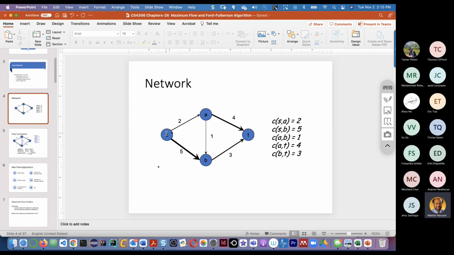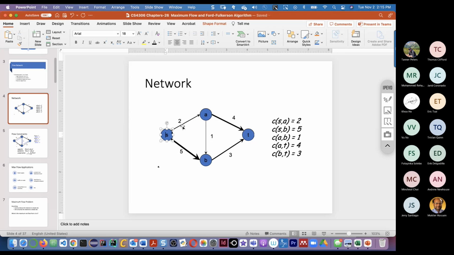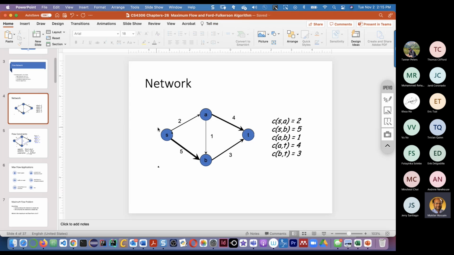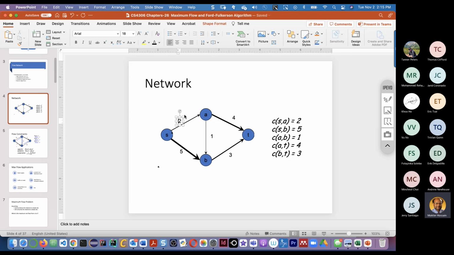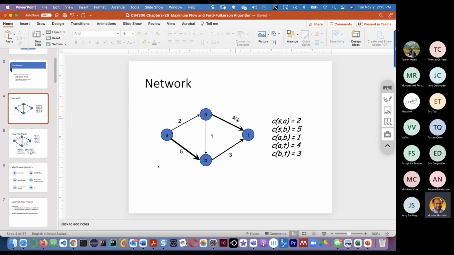Okay, so the maximum to A is 2 units, so it can pass only 2 units from here. Okay, maximum 2 units, or you can give 1 unit over here, and you see that there is an arrow over here, so A to B has 1 unit.